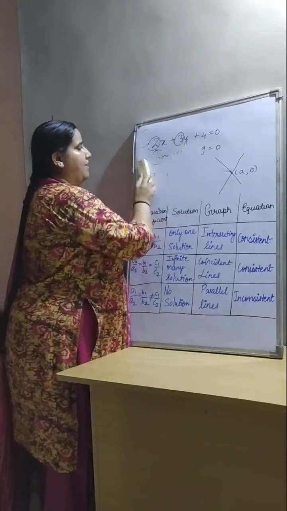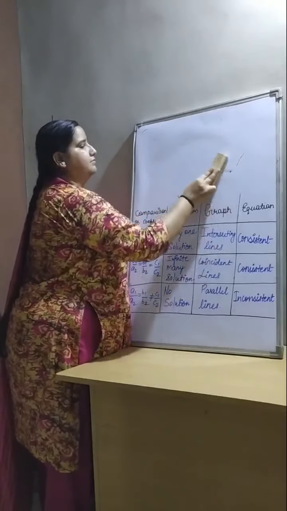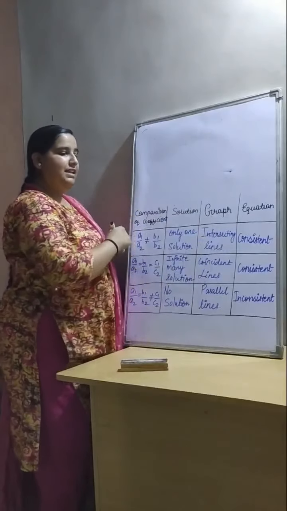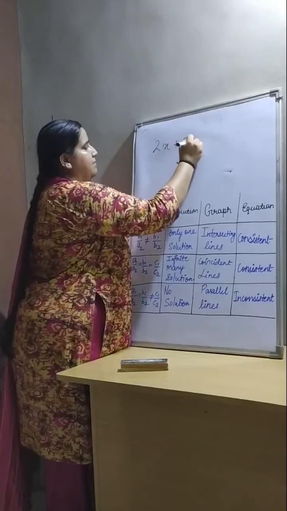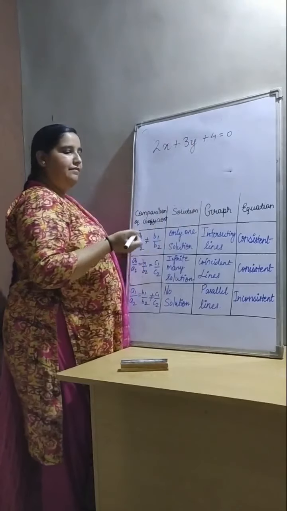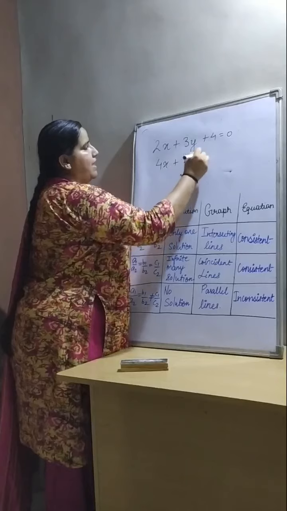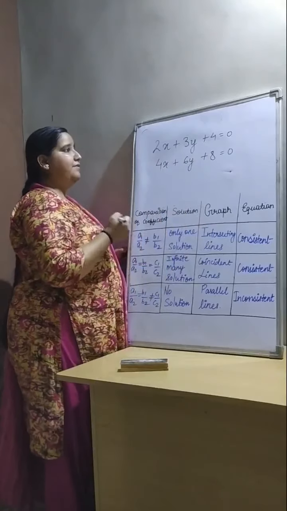Now, if I have another pair of equations, 2x plus 3y plus 4 is equal to 0 and 4x plus 6y plus 8 is equal to 0, here we need to compare.